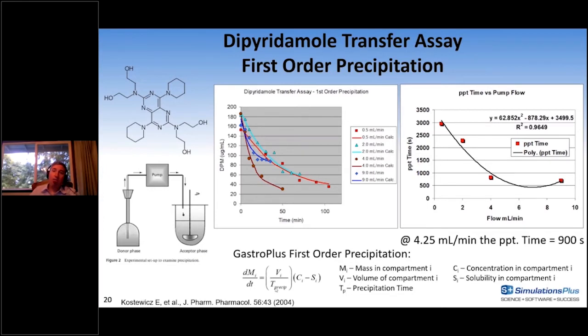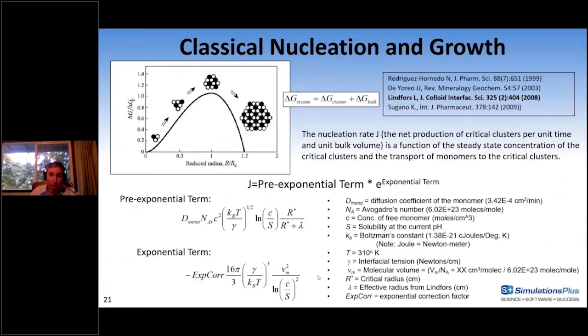We also have the classical nucleation and growth model. I don't want to get too in the weeds with theory here, but we have a full thermodynamic model of crystallization using the classical nucleation theory. We use Lindfors heavily for the derivation of this. So if you'd like to learn more about this model, I would highly suggest reading that paper. And then there are some other good publications included here as well.